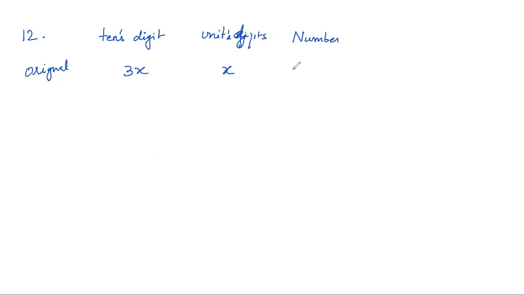So what will be the number? As I already told you, whatever is there in the tens digit should be multiplied with 10 to get the tens part, plus the units digit, to obtain the number. Again, the reversed number. They have said the digits are reversed. So when the digits are reversed, this becomes x and this becomes 3x.